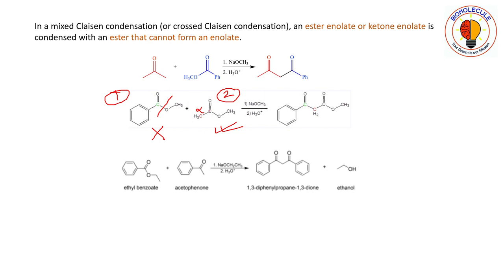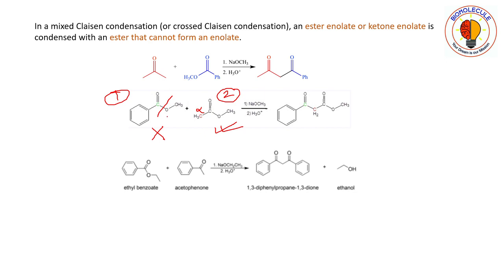So alpha carbons, what are alpha carbons? Alpha carbons are the carbons which are adjacent to the carbonyl group. I made a mistake over here. So this one is the alpha carbon which is adjacent to the carbonyl group. The second molecule contains alpha hydrogen, whereas the first molecule is devoid of any alpha hydrogen.